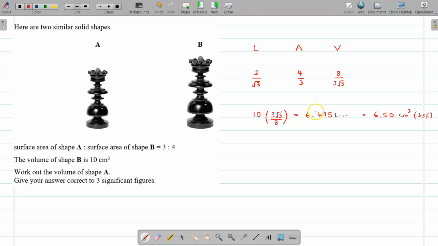Be careful about rounding that one, because you can't put 6.49, that would be wrong. So there we are. That's how you answer that question.